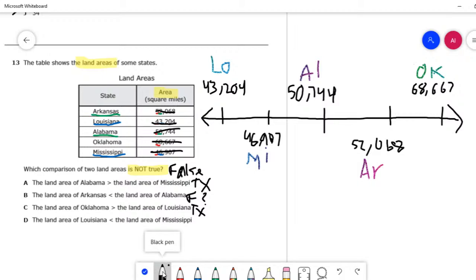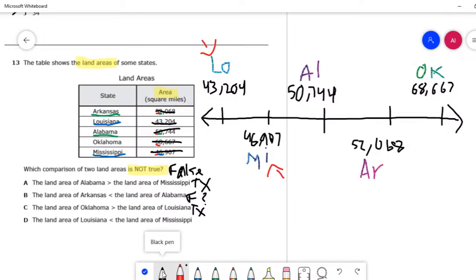And last, it's telling us the land area of Louisiana is less than the land area of Mississippi. And if we look for Louisiana, it's right here. Again, Mississippi is right here. And we know, looking at the number line, Louisiana has to be less than Mississippi since it's farther to the left.